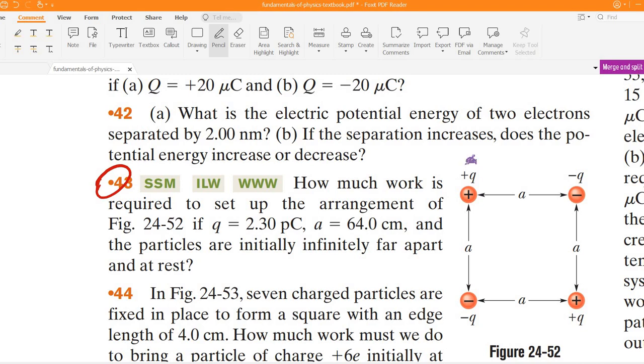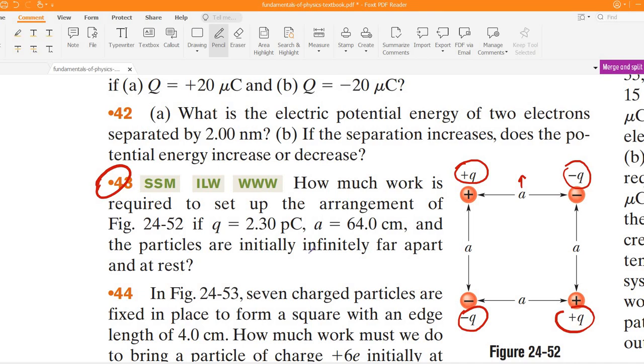Well, we have plus q, minus q, plus q, minus q, 4 charges on the 4 vertices of a square of side length a. How much work is required to set up the arrangement of the figure? And the particles are initially infinitely far apart and at rest.